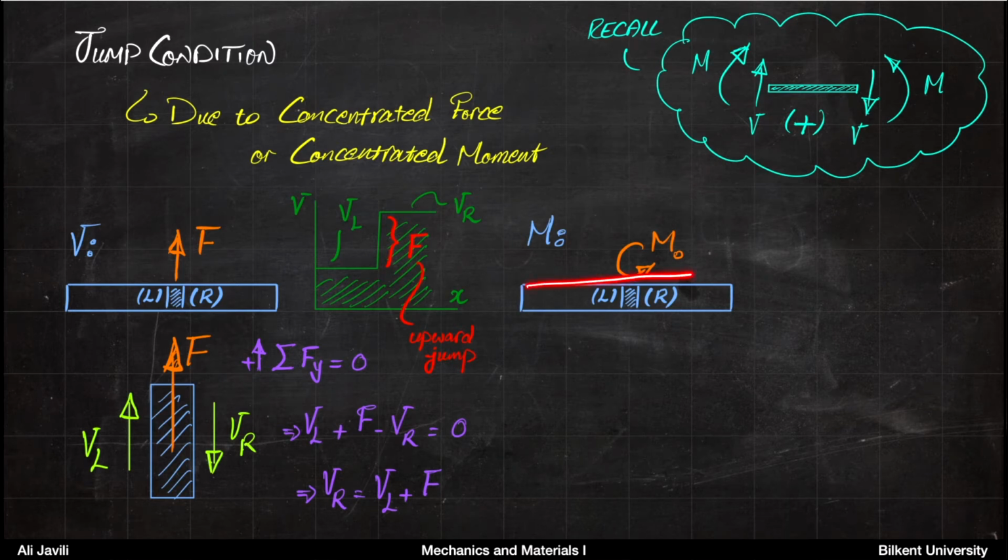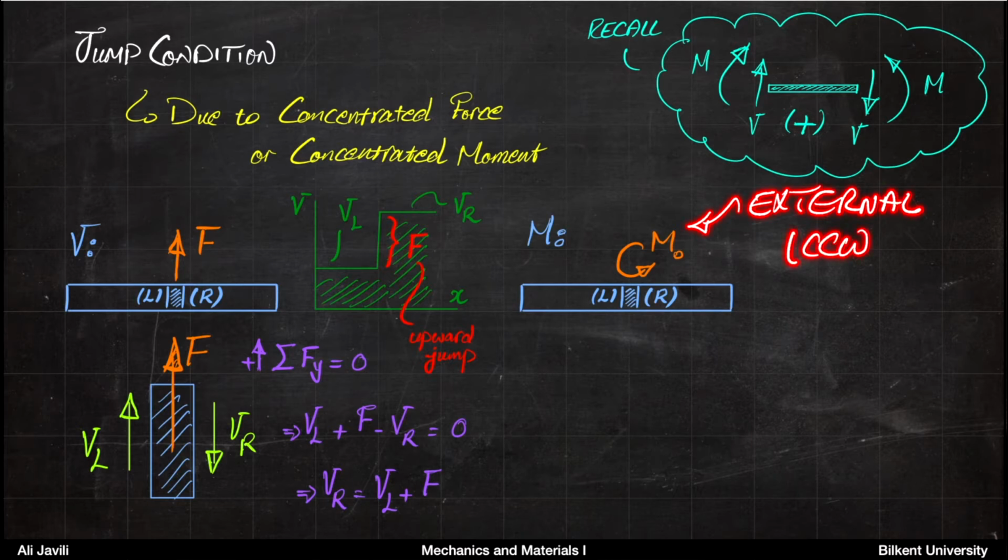Let's say again you have a cutout of a beam, and somewhere there you apply a moment MO. This is an external moment, and it's counterclockwise. So if you assume that counterclockwise is the plus direction, this would be a plus or a positive moment.